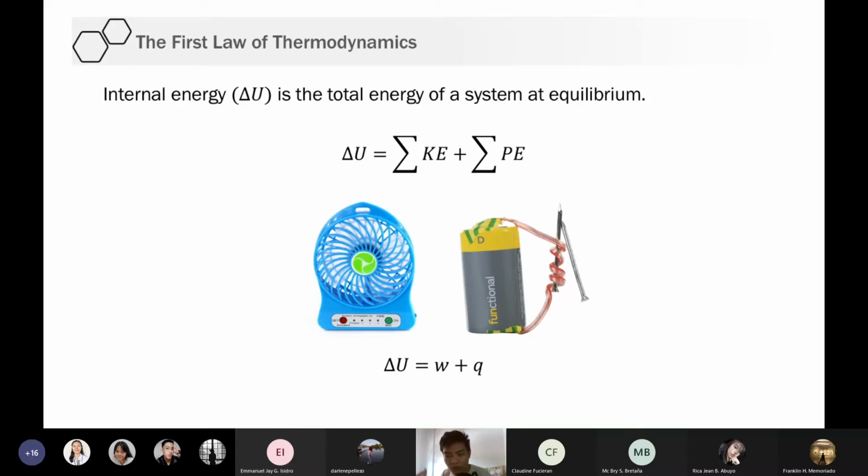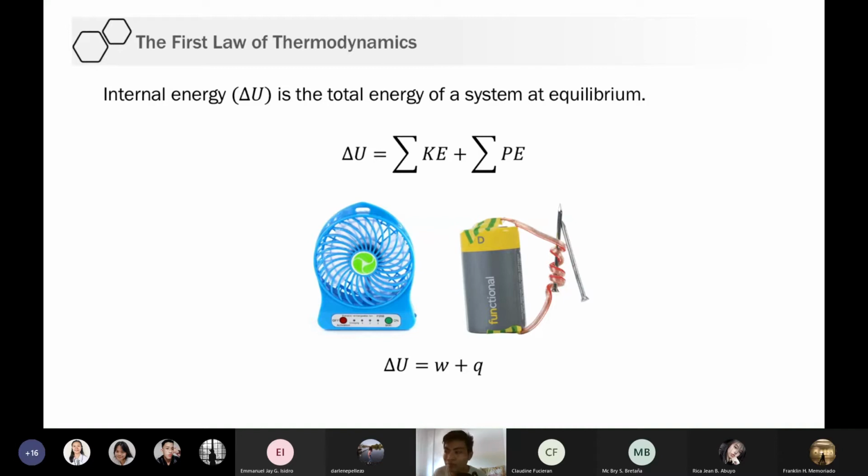Ibig sabihin, may motion yung mga molecules ko doon, may kinetic energy. O yung kamay ko rin gumagalaw-galaw, no? So, ibig sabihin, may kinetic energy doon. So, overall, when you say internal energy, yun yung sum talaga ng energy. Lahat ng energy ng isang system. Yan yung internal energy. Okay? So, yun yung addition ng pag pinagsama mo yung kinetic energy and the potential energy. Yun yung overall energy or the internal energy.